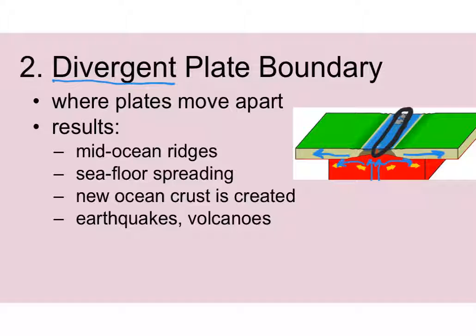We have seafloor spreading, so the ocean is actually spreading, that seafloor is spreading apart. And we end up with new ocean crust being created. So where we once just had land, now we have some ocean crust being created. And of course, all along that boundary, just with any plate boundary at all, you're always going to get those earthquakes and maybe some volcanoes as well.